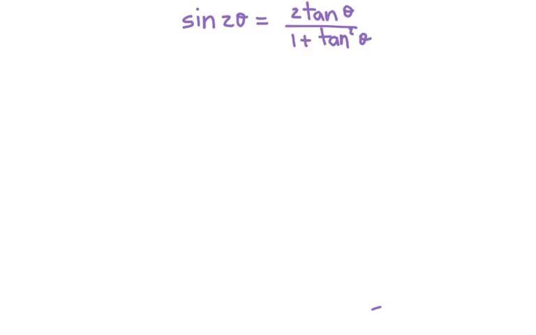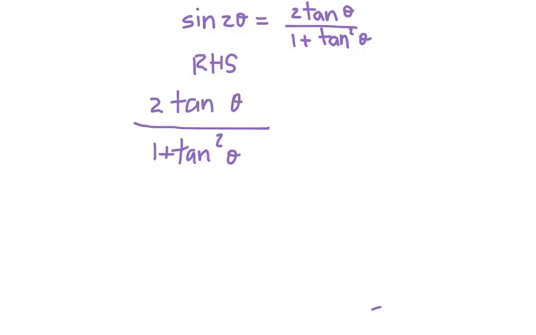the left-hand side. So starting with the right-hand side, now from our trigonometric identities, we know that our denominator, 1 plus tan squared theta, is the same thing as sec squared theta. So therefore I'm going to replace the denominator with sec squared theta.